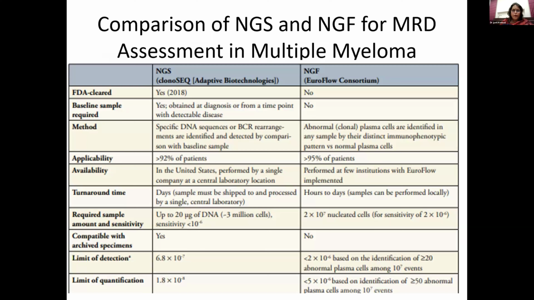Now, when we do NGF or flow, we can detect till 20 abnormal events in 10 to the power of 7, but to quantify them they should be at least 50, and that's what has been found. And any lab, like we've been doing myeloma MRD since 2017, has to develop and validate its LOD and LOQ. Next slide.